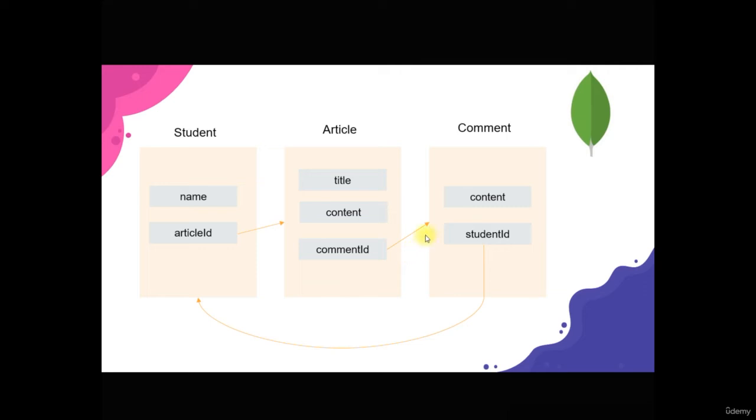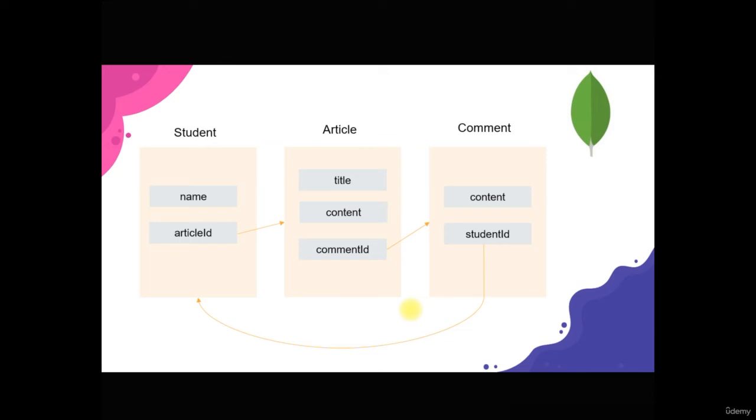Now, if we want to see the comments of the article, we should look at the comment IDs property here and take the list of all the comments. And then for the last step, we could see which comment belongs to which student, and all the comments record student ID properties, which points back to the student collection.